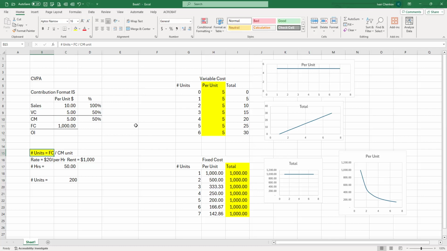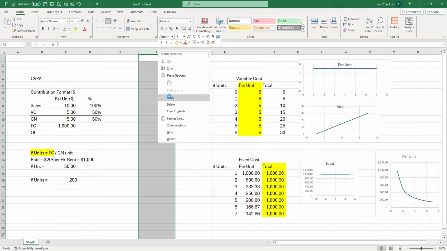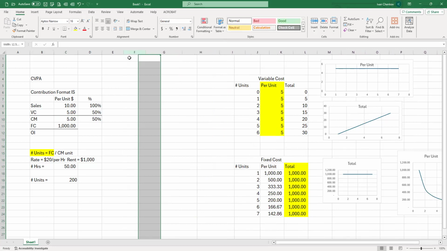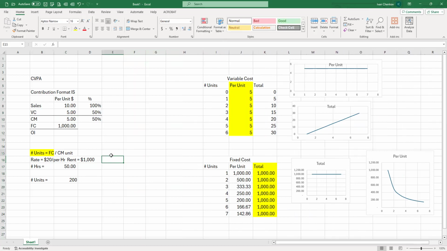So that will be one thing that you need to know, the number of units, obviously. But the other thing that you need to know is the total sales. Let me insert here some columns. The total sales is another interesting thing that you need to know. For the total sales, we're going to find it by taking our fixed cost divided by the contribution margin ratio.